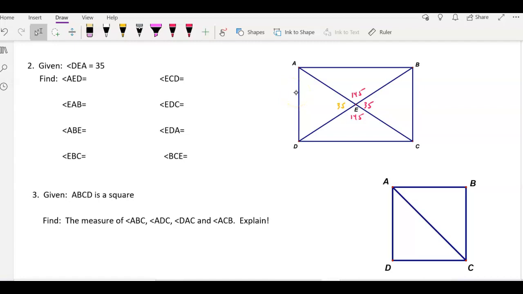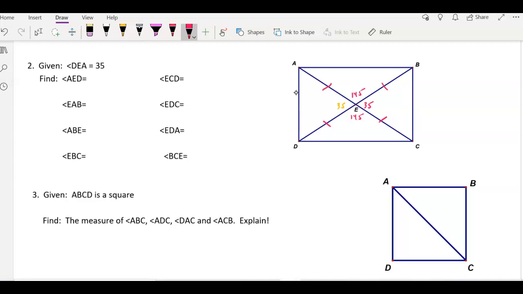So if you remember what I said a minute ago, the diagonals are congruent. Therefore, this piece is congruent to this piece, is congruent to this piece, is congruent to this piece, creating 4 isosceles triangles. Now, 2 of them are congruent to each other, and the other 2 are congruent to each other.